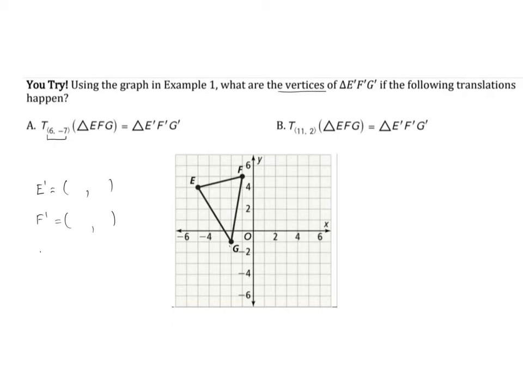The X, Y of them, and G prime. So try those. If you want to use the graph, you can graph them, then write the coordinates of them, or you can just mark what EFG is, and then you can add 7 to the X and subtract 4 from the Y and get your E prime, F prime, G prime.